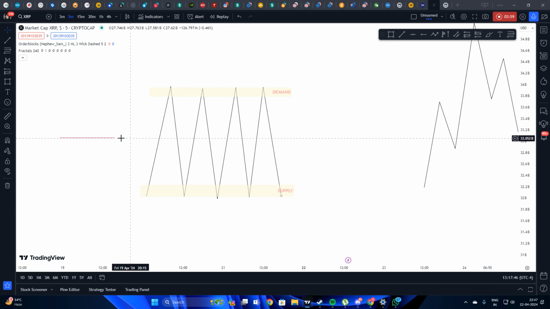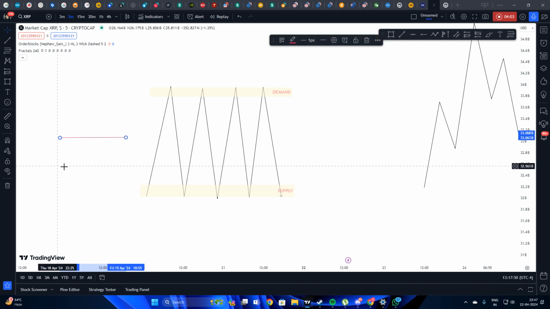And that's what you call as a sideways market or just a consolidation or literally a horizontal line.